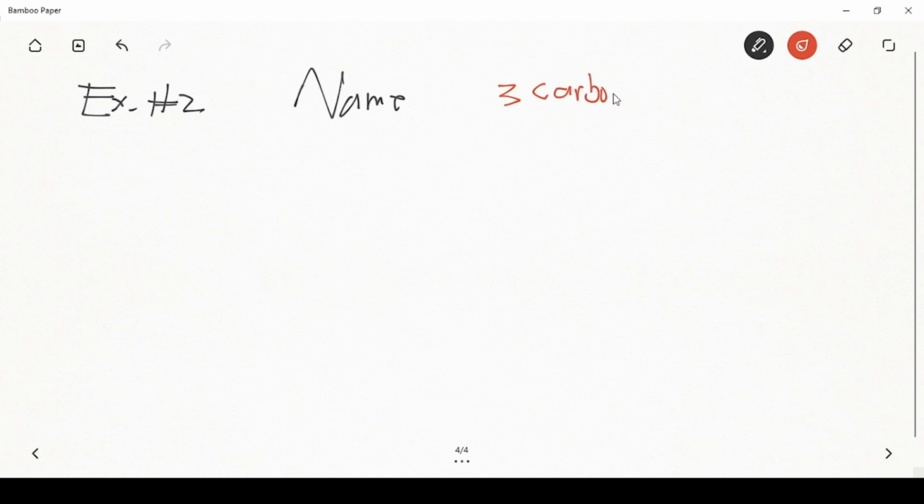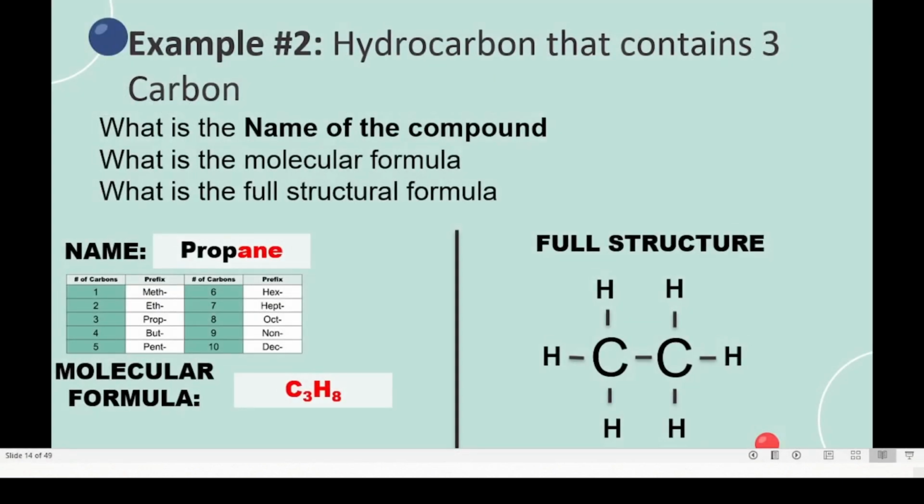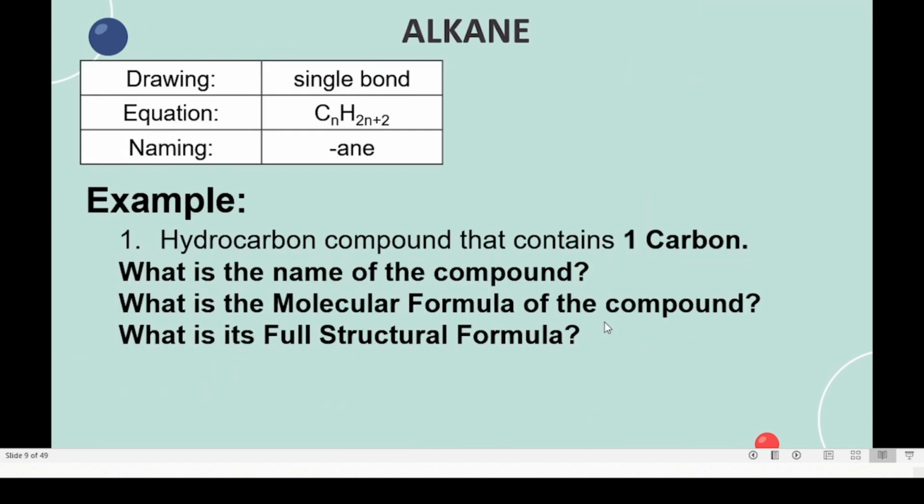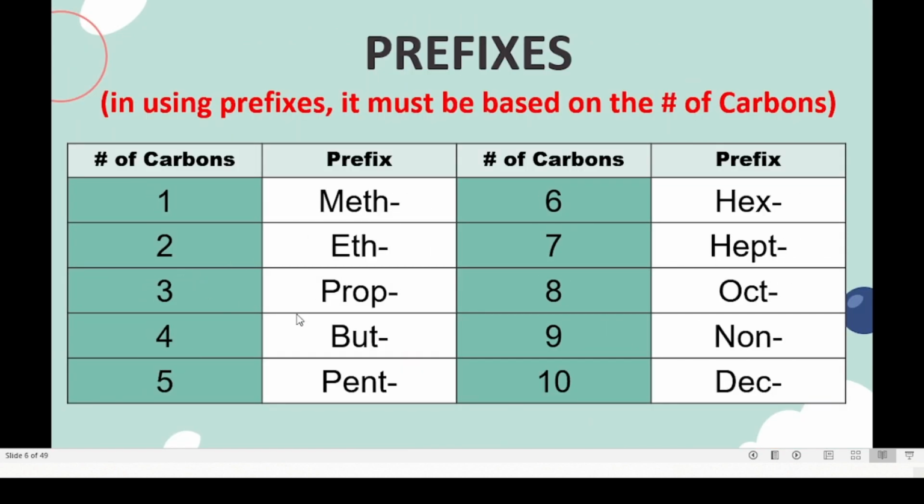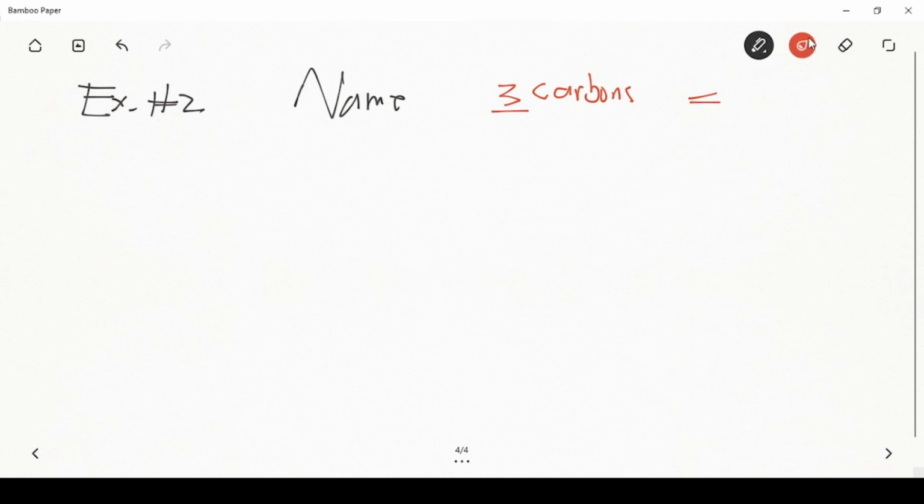Since we already know the number of carbons, we must get the equivalent prefix of number 3. If you check the prefixes, 3 is equivalent to prop. So first, after identifying the number of carbons, write the word prop.